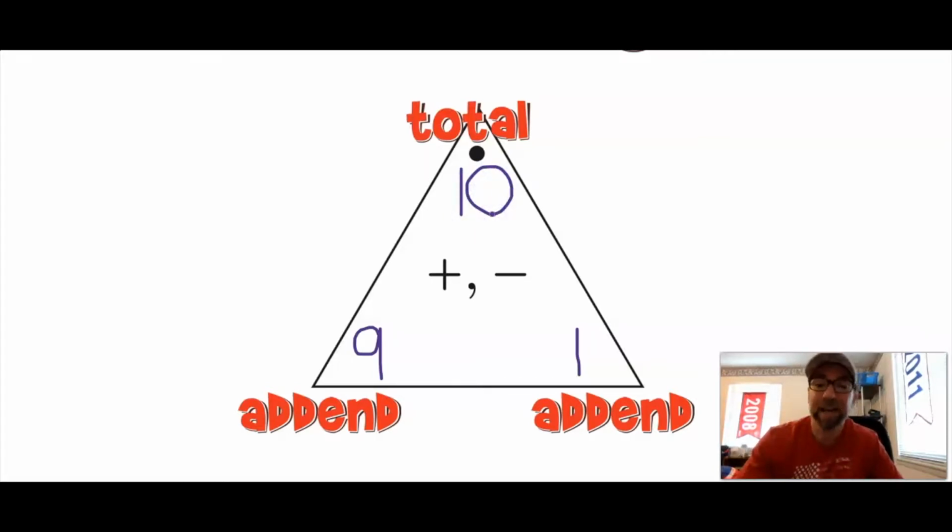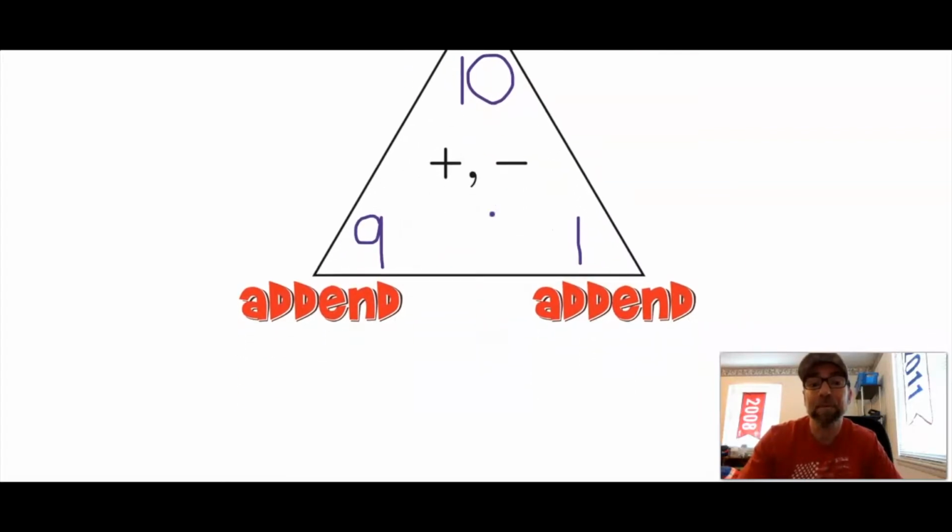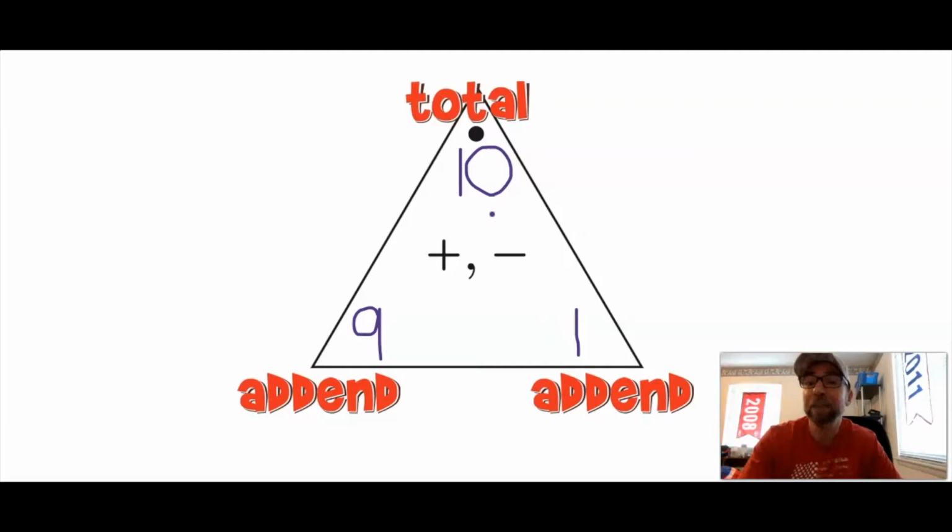All of a sudden, I know the three numbers that make up our fact family. It's the number 9, the number 1, and the number 10. So it's important for us to know how a fact triangle works.